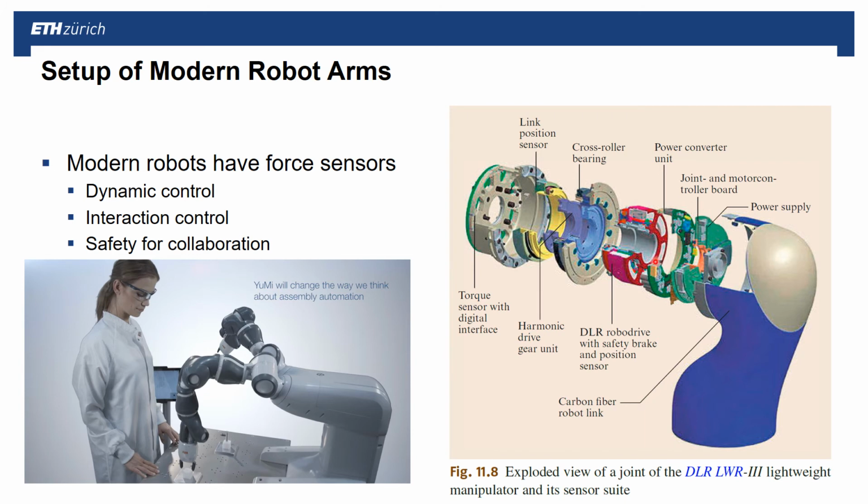On one side you have the control electronics, then you have a motor and a gear setup, and then at the output you have a torque sensor, which in the end measures the joint torque that is acting on the following link.